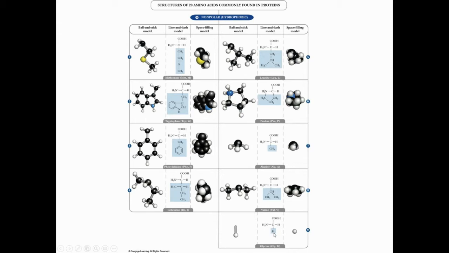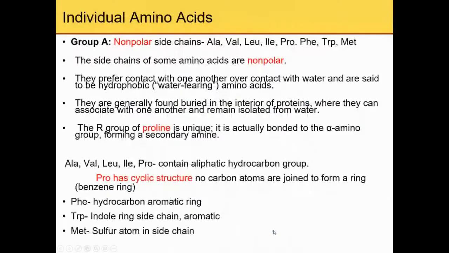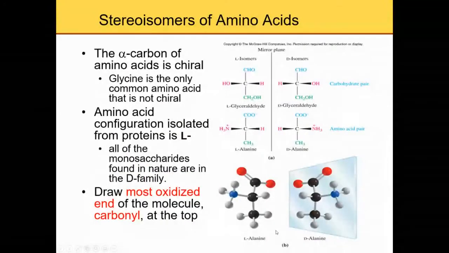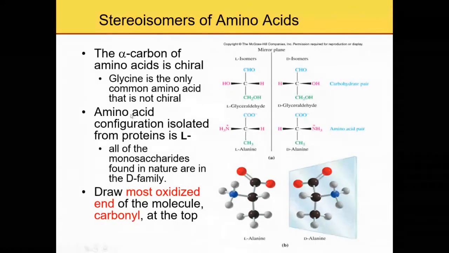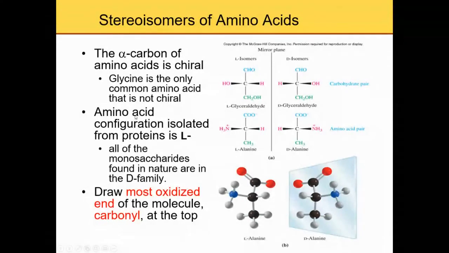But this one is the simplest amino acid, it's only a hydrogen. Therefore, glycine is not chiral, because you don't have the stereo image for glycine. And so the majority of amino acids isolated from the proteins of living organisms are the L form.